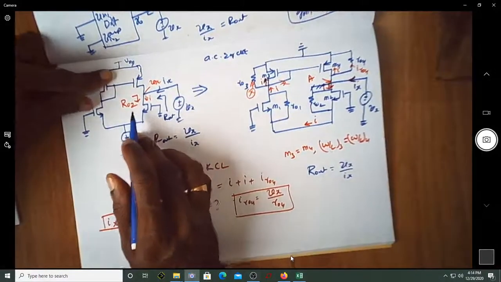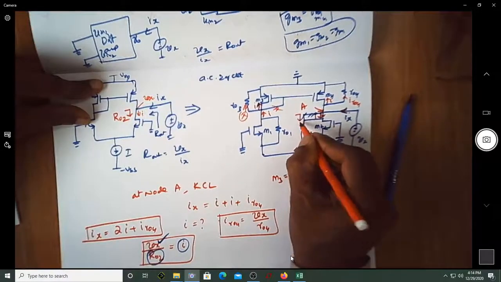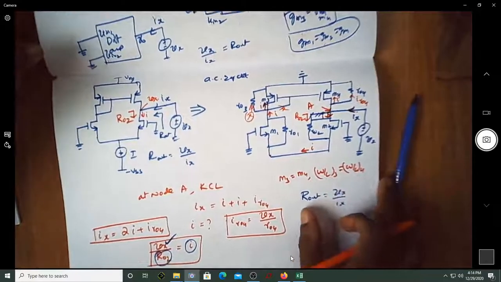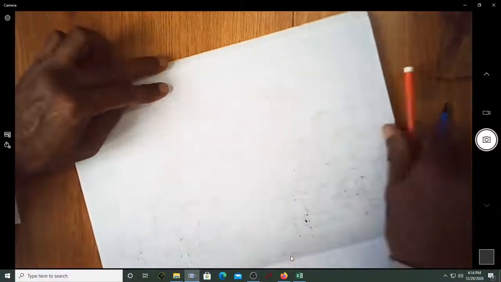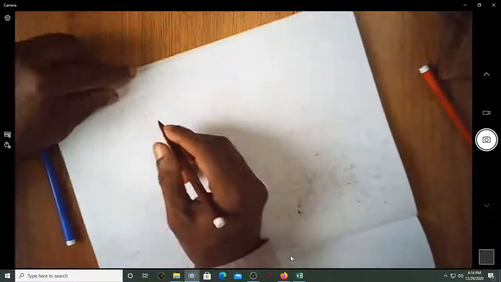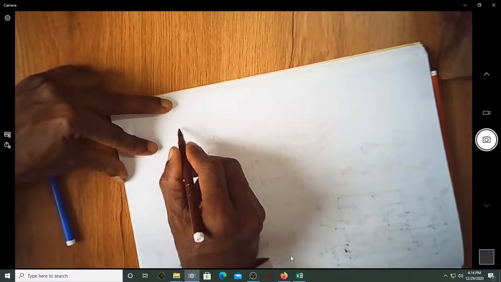R02, as it is indicated, is the resistance seen downwards from the drain of your M2. So let us try to rewrite that circuit, the circuit for finding out the Rout2. Let us carefully write it.